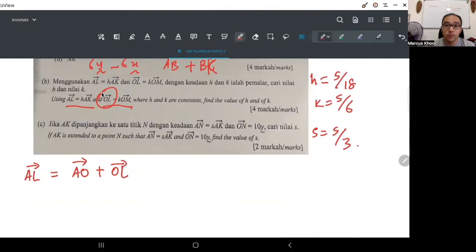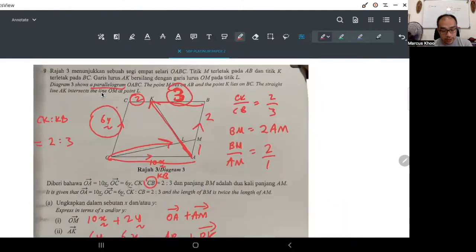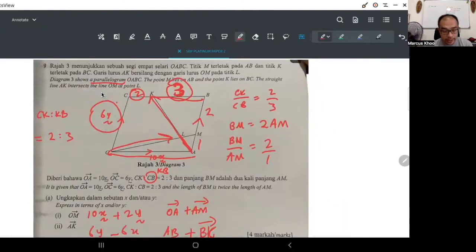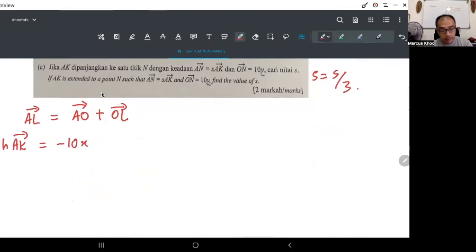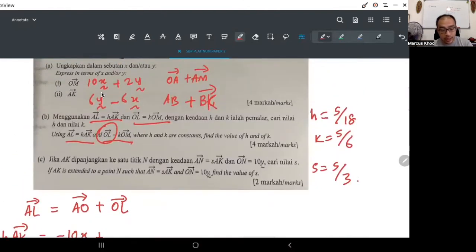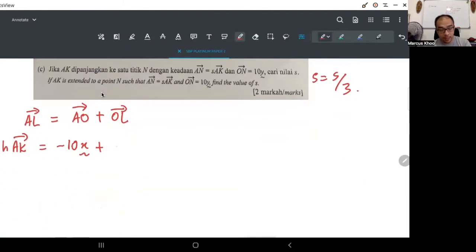That will give me a chance to use both of these. So AL equals h AK equals, AO is given, AO is negative 10x, plus OL is k OM.